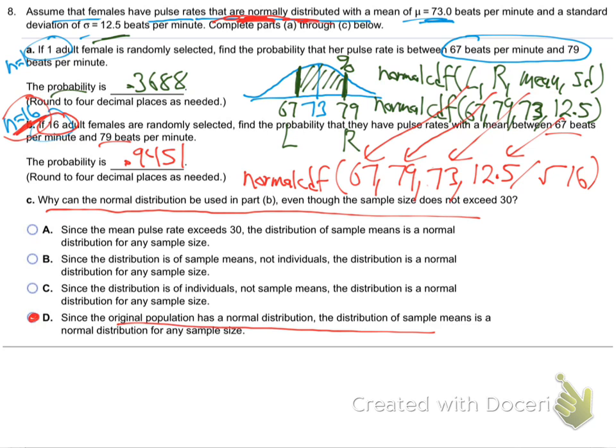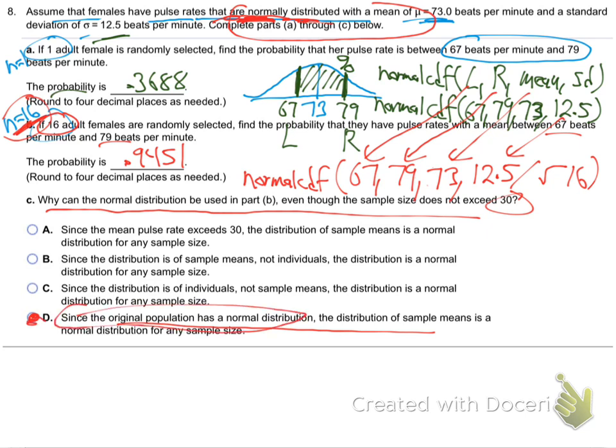There's a rule that says even if the original population is not normally distributed, if you're grabbing groups bigger than 30, it'll make the new graph become a bell curve. So it's kind of nice, even if the original data is not a bell curve. Ours said the original data is a bell curve, so we don't even have to think about it.